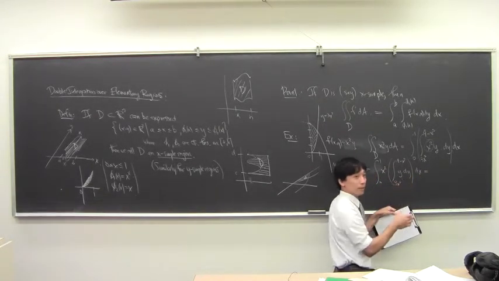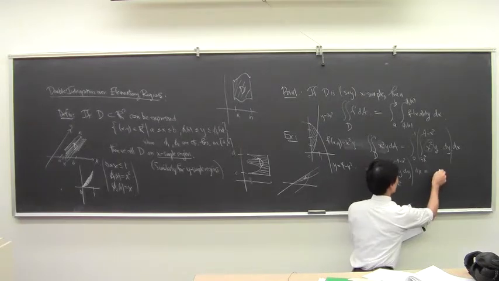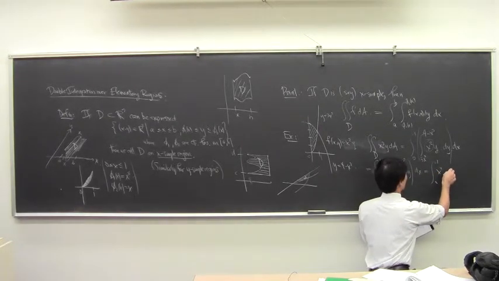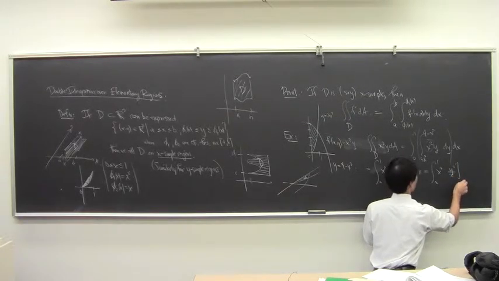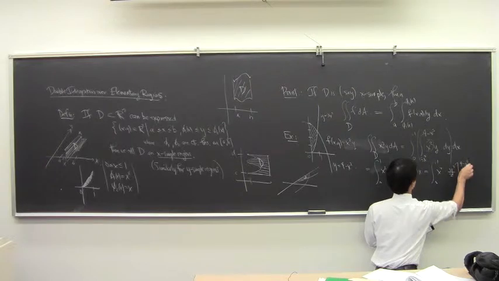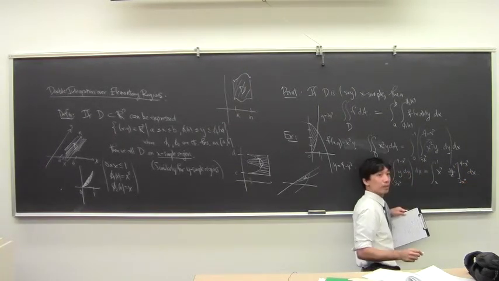And then you just integrate that. The integral of y is of course y squared over 2. So you get the integral from 0 to 1 of x squared times y squared over 2, between 4 minus x squared and 3x squared, dx.